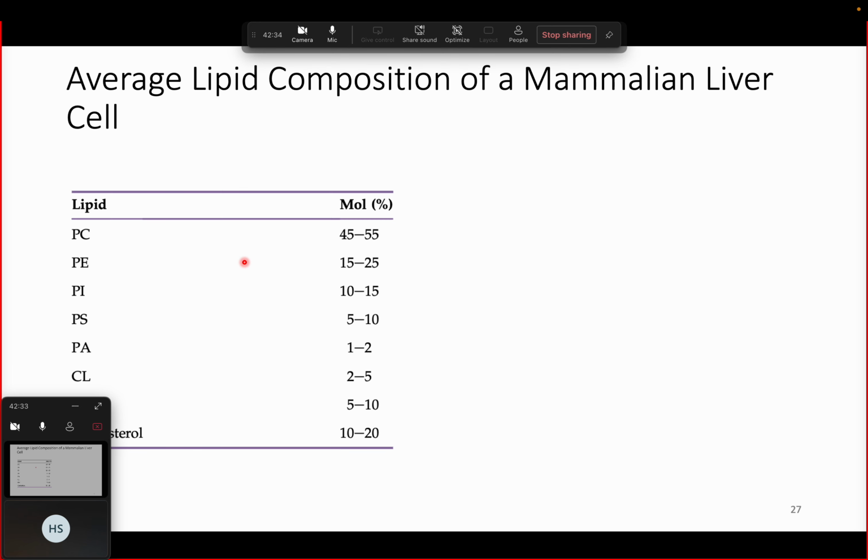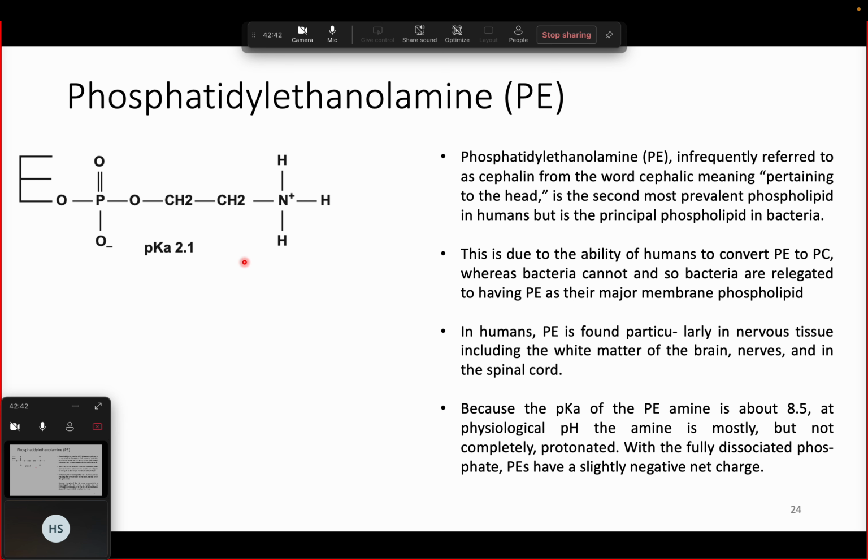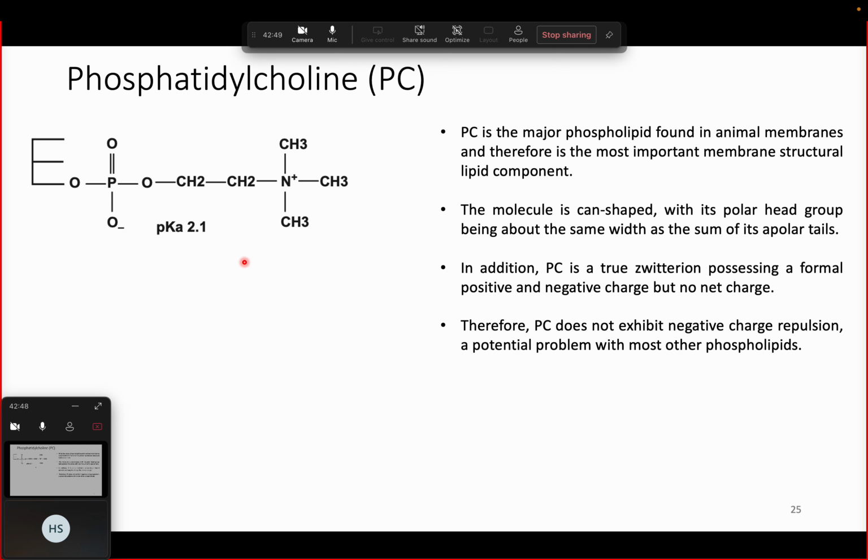Okay, so till now we have talked about four lipids, right? Phosphatidylserine, phosphatidylcholine, phosphatidylethanolamine, and phosphatidic acid.